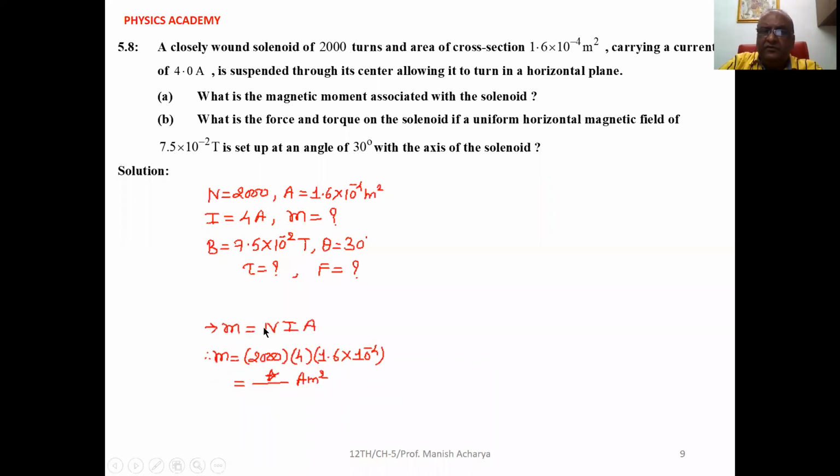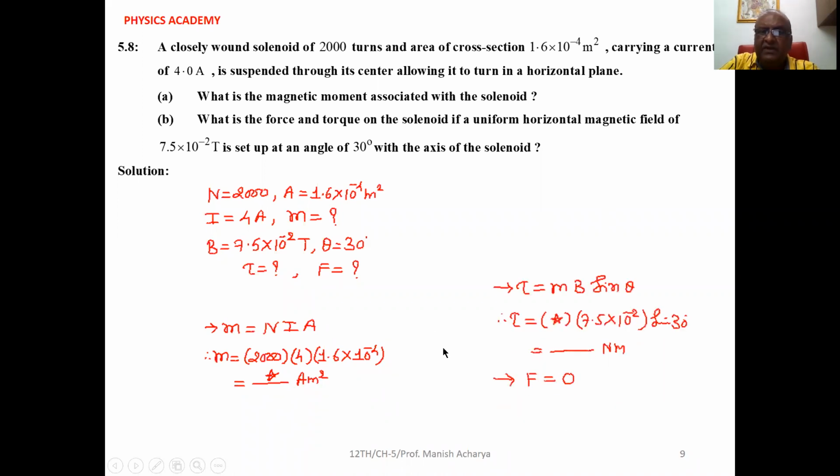Now first the magnetic moment. So we have the equation of it, NIA: N is given as 2000, I is 4 ampere, area of cross section is 1.6 into 10 raised to minus 4. Solve this one, you will get the answer for magnetic moment.